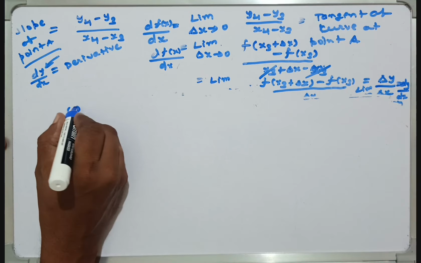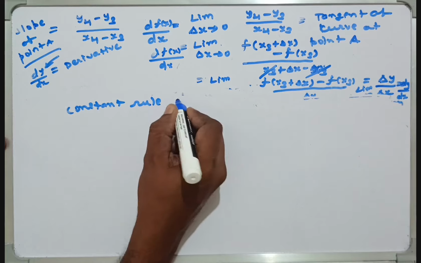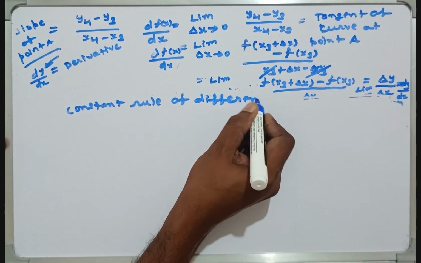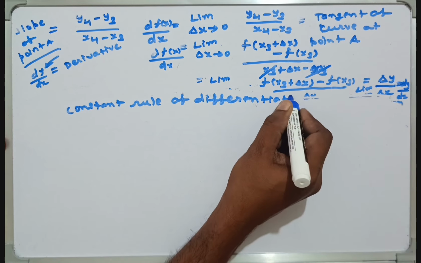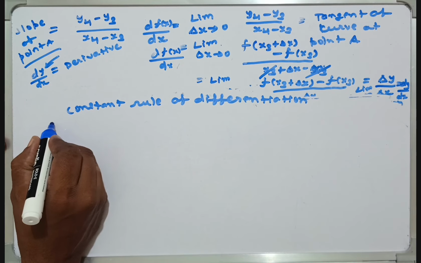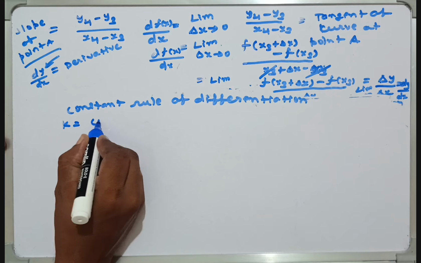First, the constant rule of differentiation. What this rule says, guys, is that suppose k is a constant quantity.